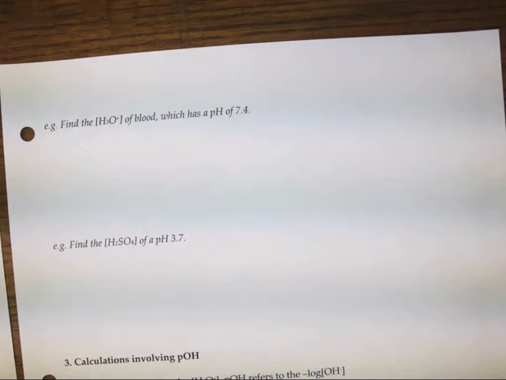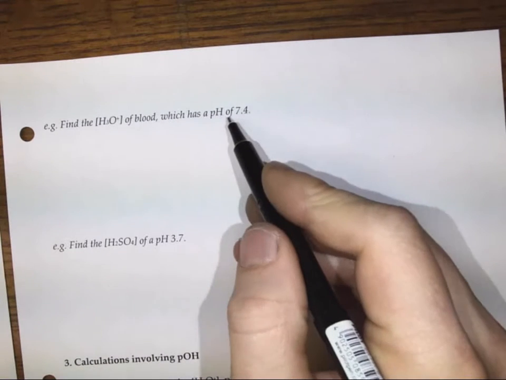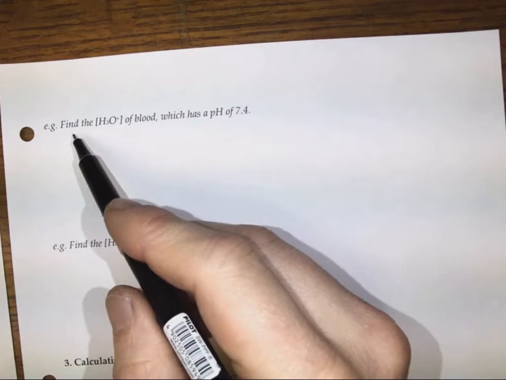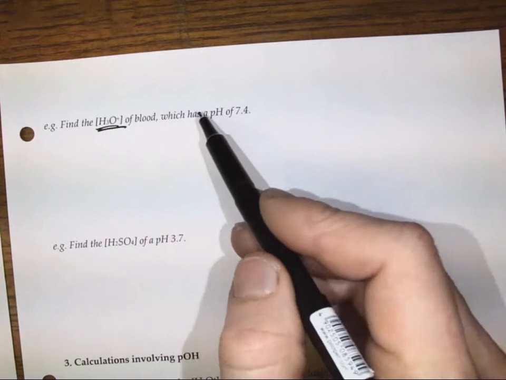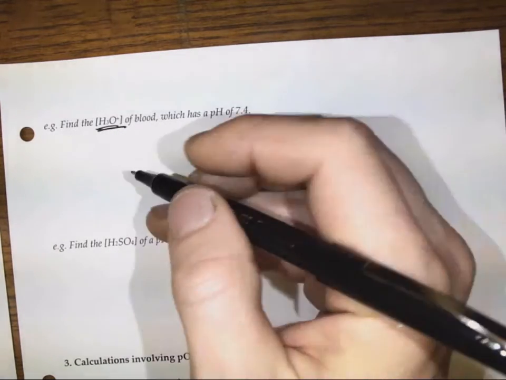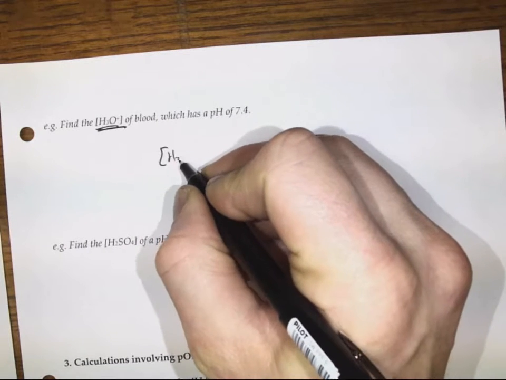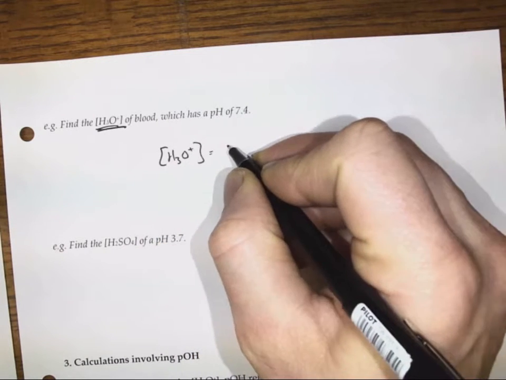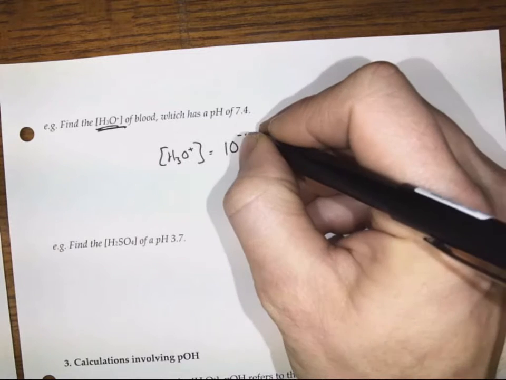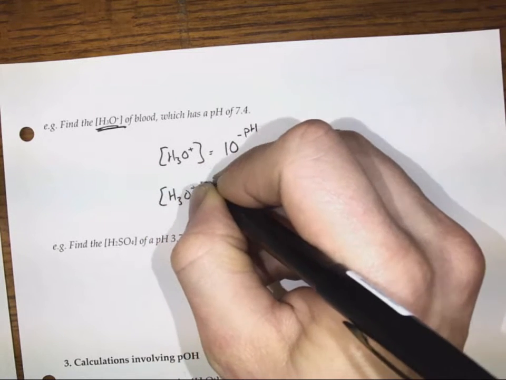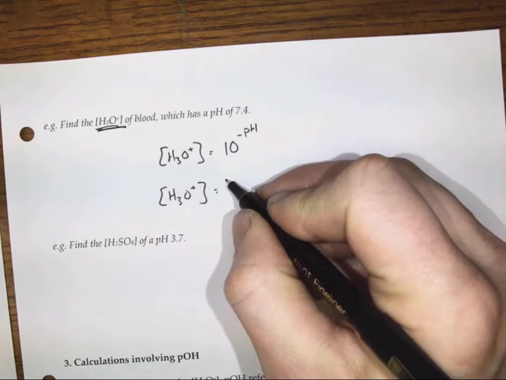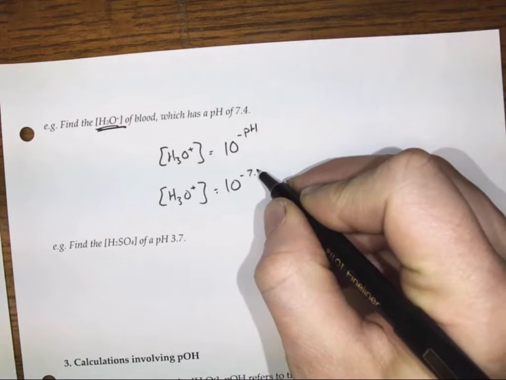So the opposite operation might say, okay, you have a pH, like we're asking for the hydrogen ion concentration of blood. It has a pH of 7.4. So we know that the hydrogen ion concentration is equal to 10 to the negative pH. So we'll just put in our pH in place here, so negative 7.4.